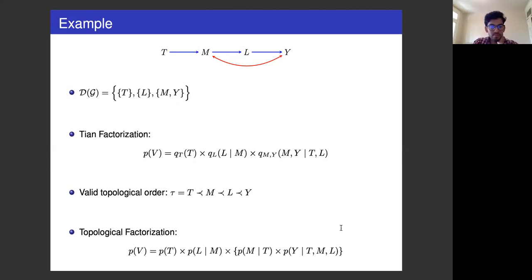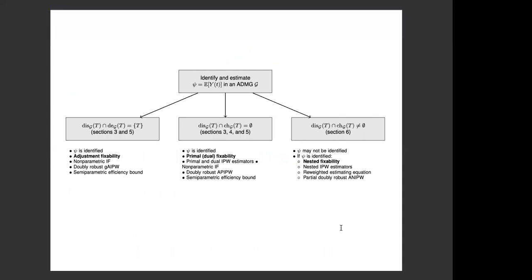All right. So now we have equipped you with all the tools that are necessary to dive into the main results in our paper. We divide the class of all ADMGs into three classes, based on some simple graphical criteria that looks at how the treatment is related to its descendants and its children.